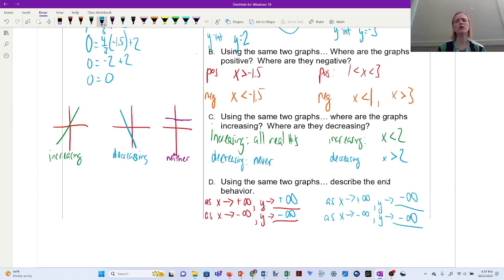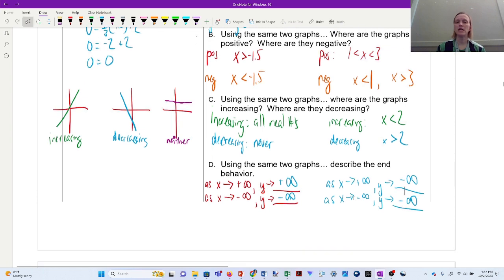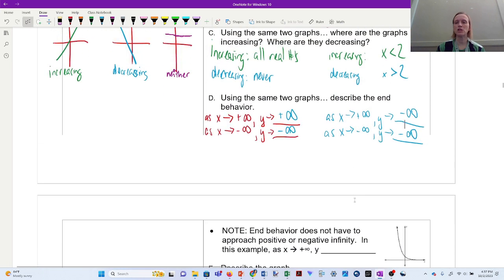Now, I don't want to leave you with the impression that end behavior is always towards positive infinity or negative infinity. That is not the case. And I have an example here, this note here, to draw attention to that fact. The end behavior does not have to approach positive or negative infinity. And so in this example, as x approaches negative infinity, y in fact does approach positive infinity.